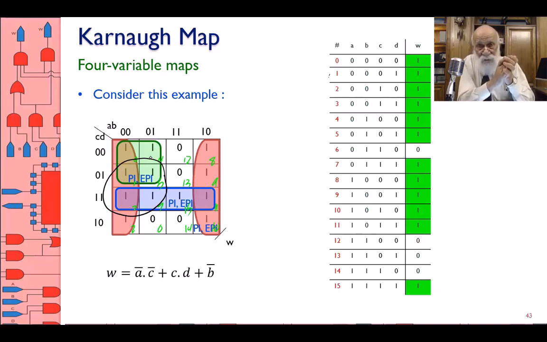After that, I mark the essential prime implicants. Essential. The one on the sides. Because of this, this is essential. Also, because of this, this is essential.